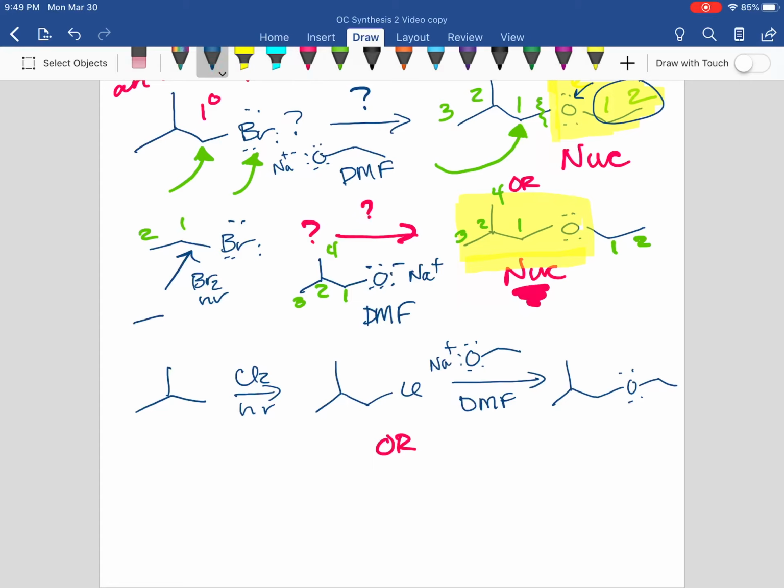Or that would be an awesome answer. Or we could draw the other one. We could use bromine or chlorine for this one. And now our nucleophile would look like that.